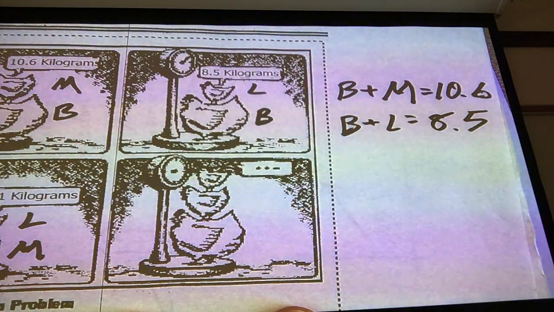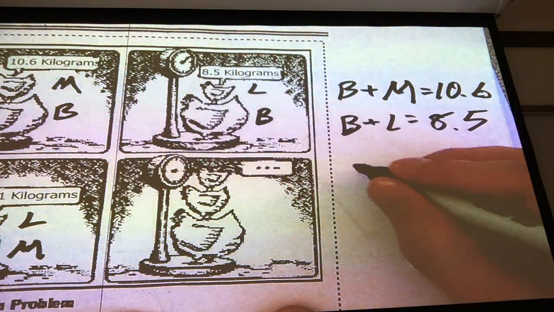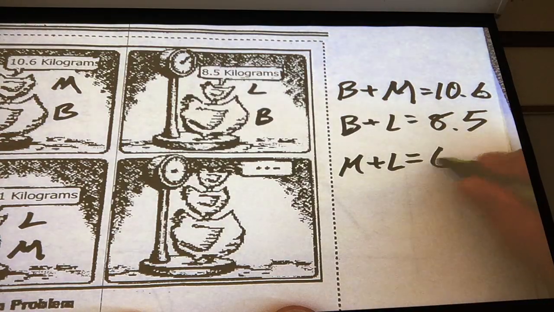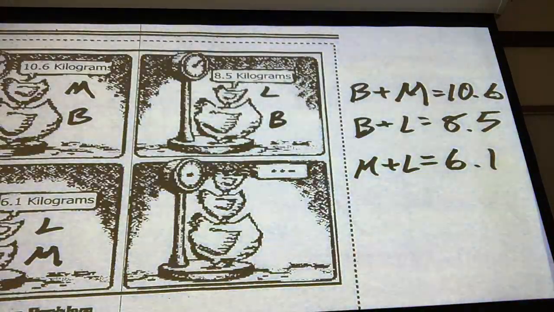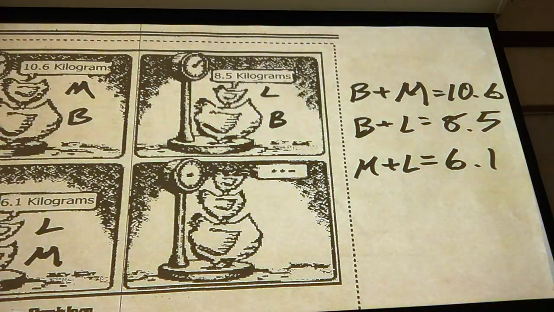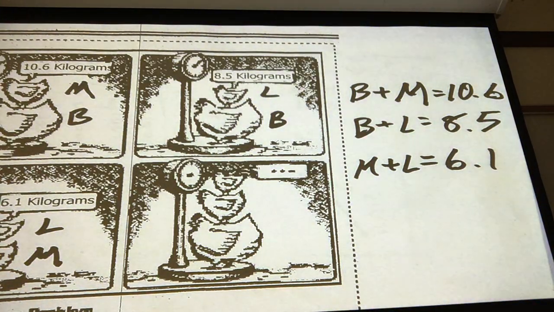And the last one is saying that medium plus little equals 6.1. So this is giving us a system of equations. Now, how do we form this into an actual matrix?